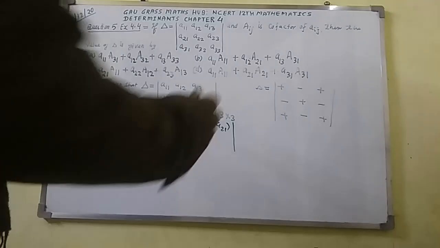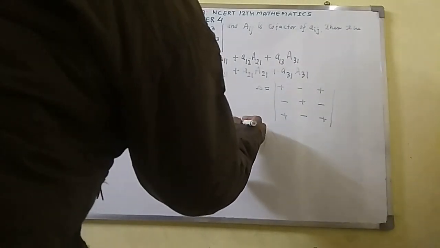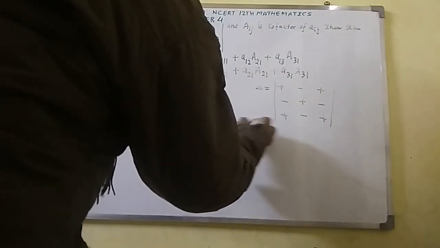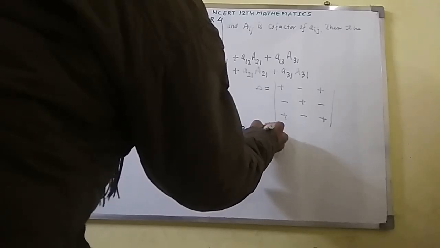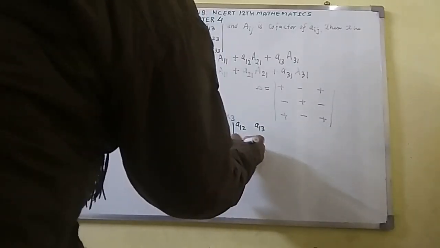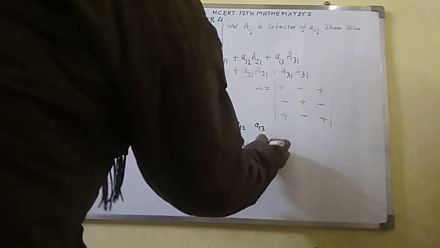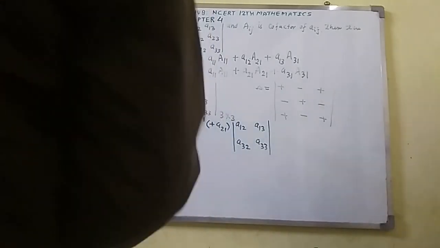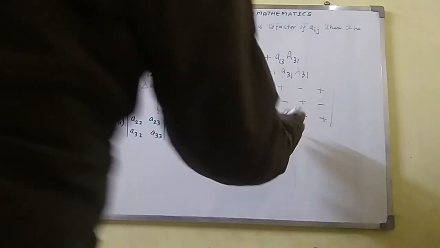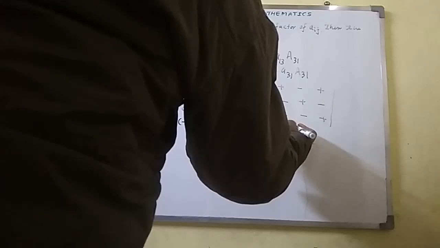The minor of a21 will be a12, a13, a32, a33. I have got here. Here I shall write plus. In a bracket I shall write here minus 1.